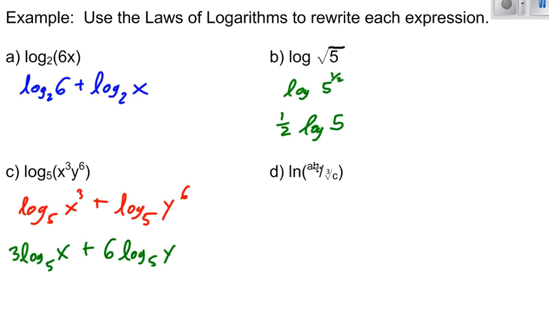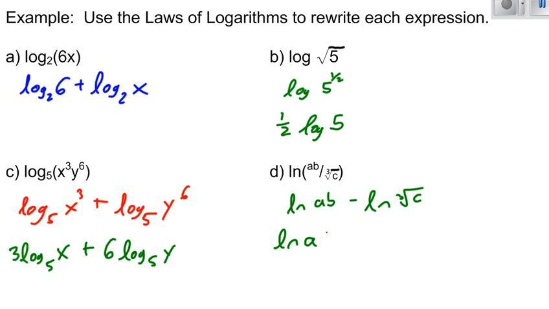And last, we have natural log of AB over the cube root of C. So first, let's look at the division. So that becomes natural log of AB minus natural log of cube root C. Since it's A times B, that can get split up.